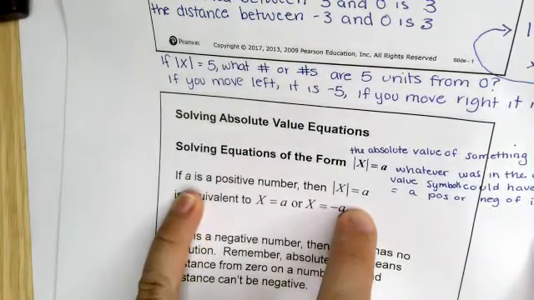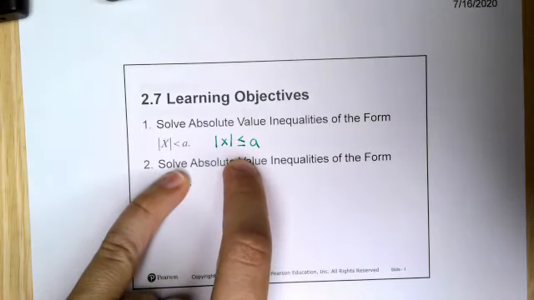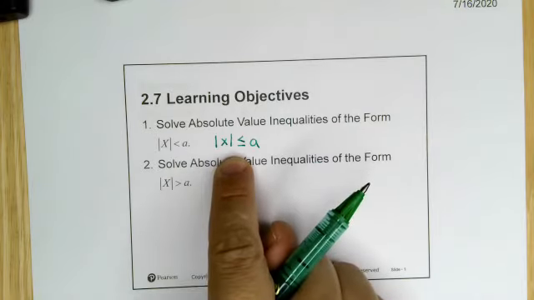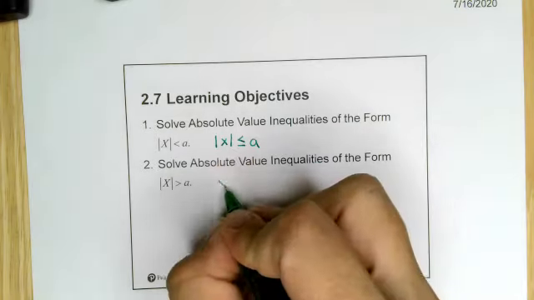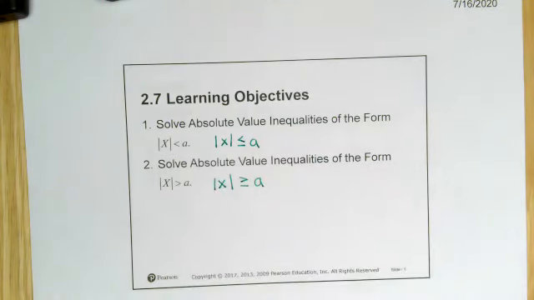So it's that same a from our last class, but instead of an equal sign, it's an inequality sign. And just like this could be less than or equal to, this one could be greater than or equal to a.